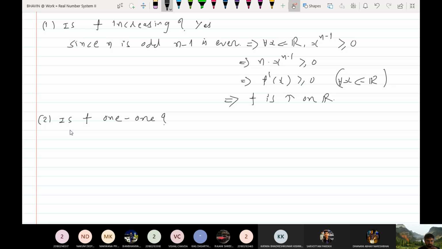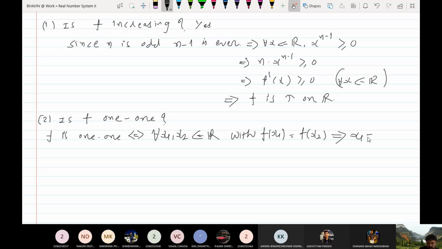Okay. Now I am asking you, is f one-one? The answer is yes. So how can you show that some function is one-one? You need to show that f is one-one if and only if there are two ways. Beginning from, for all x1, x2 belongs to R, begin with f of x1 equal to f of x2 implies you must show that x1 equal to x2.